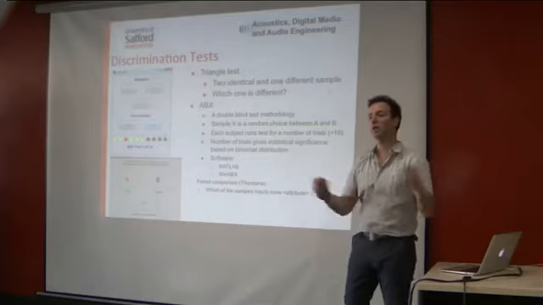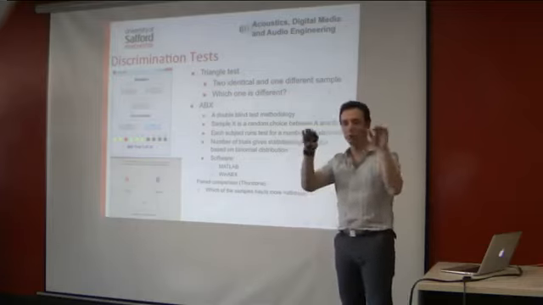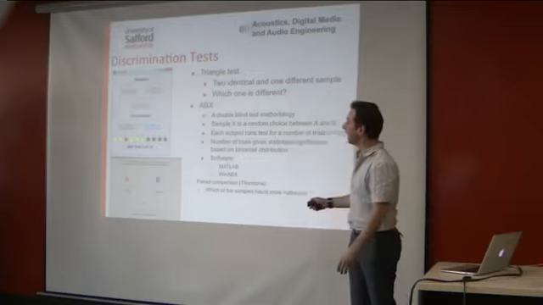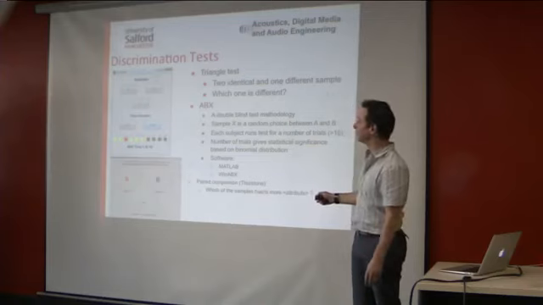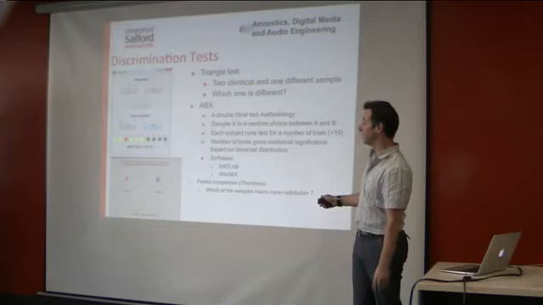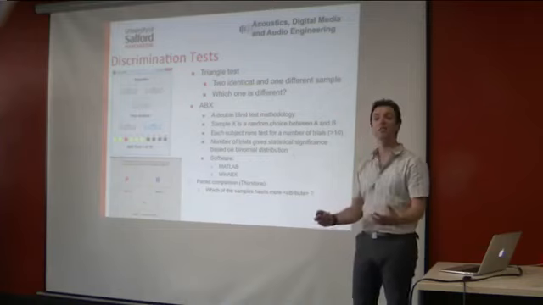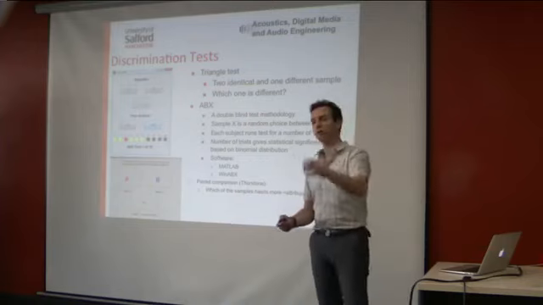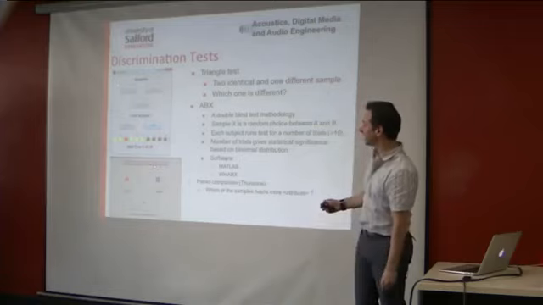One has been encoded, the other one has not. They've been normalized in terms of level. And then at random, it picks one of these and puts it in this button X as well. And the subject can press A, B, or X and listen to them. The answer you want from the subject is whether X is A or whether X is B.